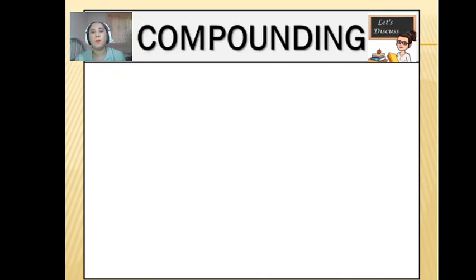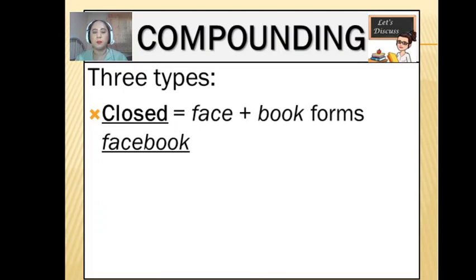Now let's go to compounding. This third type of word formation is formed when two or more words with different meanings are combined into a single new word. There are three types of compound words. The first one is the closed type, because you simply combine them together. For example, Facebook, which is a combination of the words face plus book.